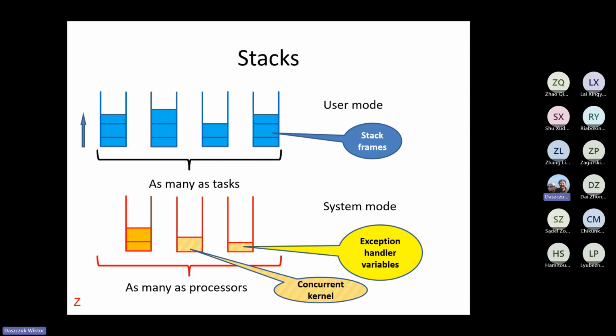But it's seldom. So we need as many system stacks as we have processors, because every processor is executing some procedures using a stack. And if they run in parallel, they must have separate stacks.